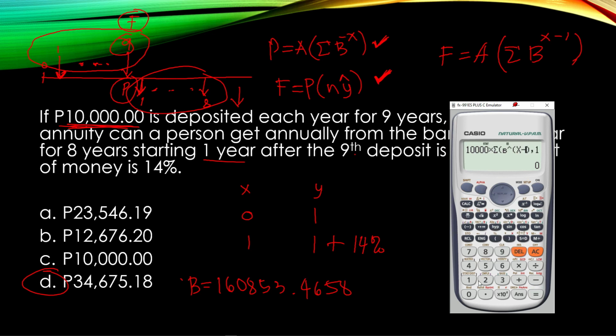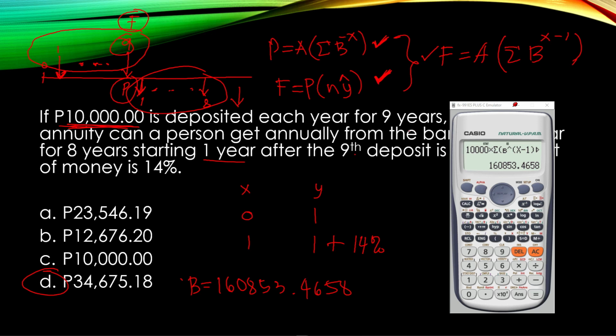So, x minus 1 from 1 to 9. From 1 to 9. So, press natin yung equal sign. Okay, so meron tayong shortcut. 168.53.465. So, yun. Kung magdadagdag tayo ng another formula. Another concept for future. Okay, pero kung ayaw nyo, okay, this is fully functional naman yung dalawa. Why not join those two? Okay?